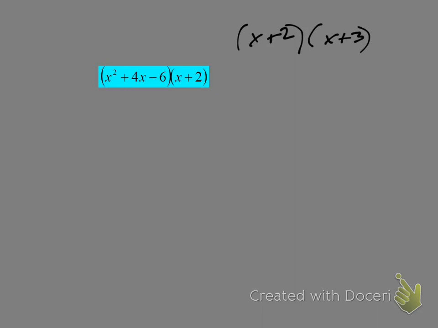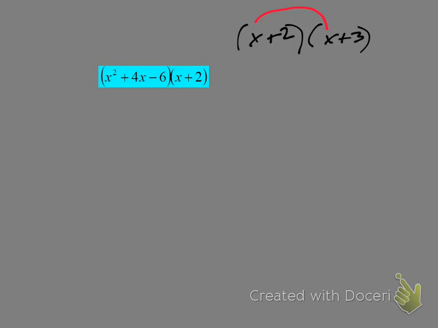Now, when you FOIL, remember what the 4 letters stand for? We don't say FOIL just to say FOIL. They stand for something. What's the F stand for? First, because you do the first times the first. The O is the outers. X times.